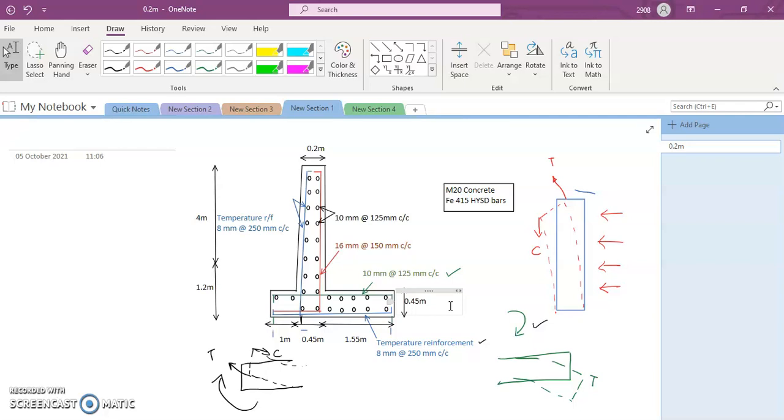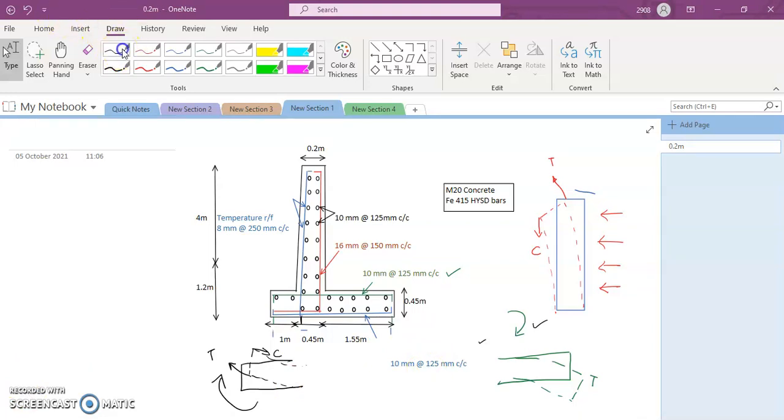So instead of discontinuing that and for the remaining portion providing 8 mm at 250, we will change this and provide 10 mm at 125 mm center to center. So what I'm doing here is I am just continuing, so the one marked in blue is 10 mm at 125 mm center to center.